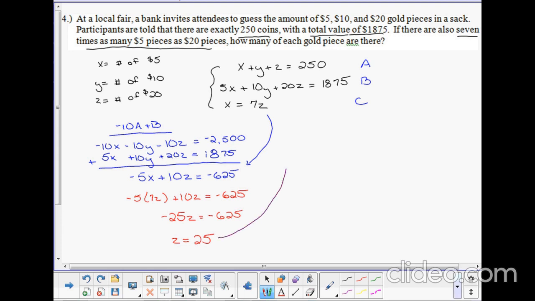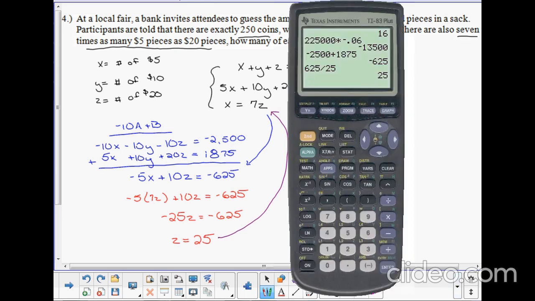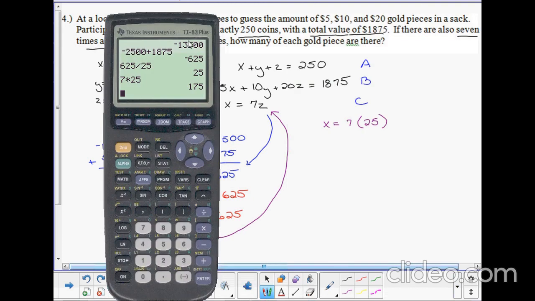Now I can use the answer for z to find an answer for x. So I'm going to take this z and substitute it back into that equation. So x is 7 times 25, and 7 times 25 should be 175, which is accurate. So x would be 175.